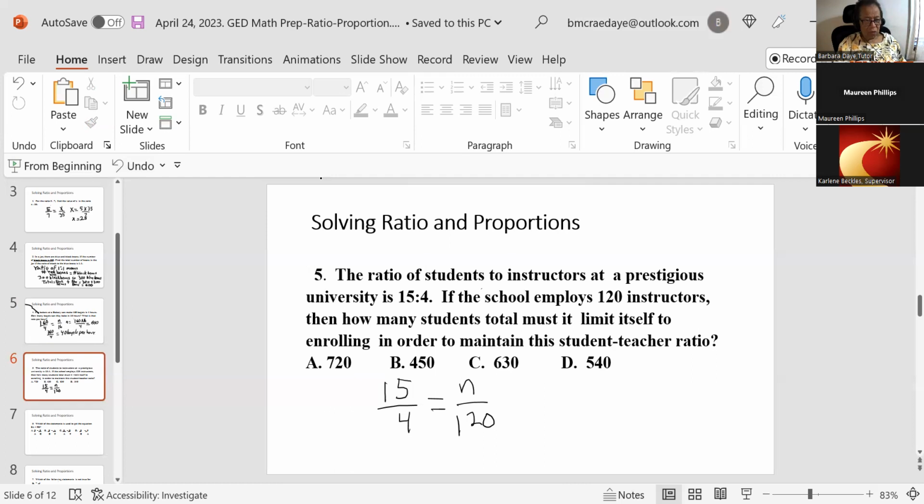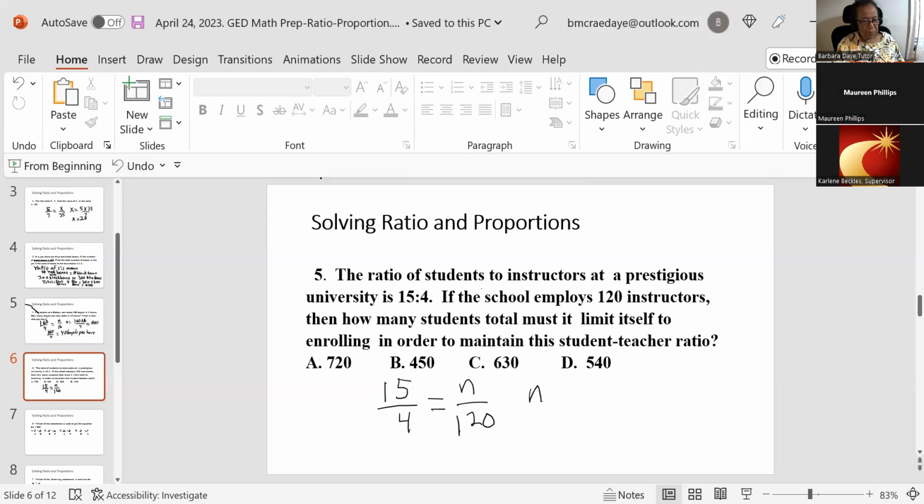And you're looking for how many students total could you have with 120 instructors and keep that same ratio. So that means you want to solve this proportion for n. So what do you get, Maureen, when you solve for n?